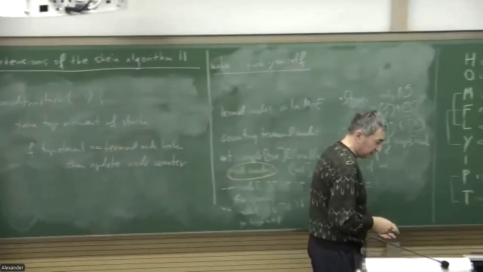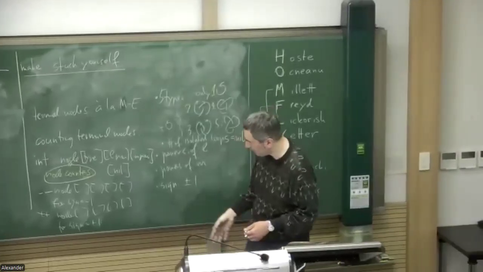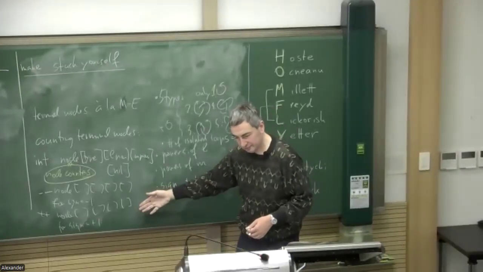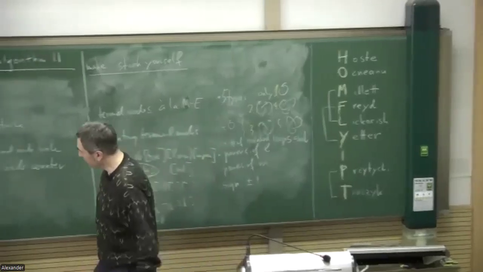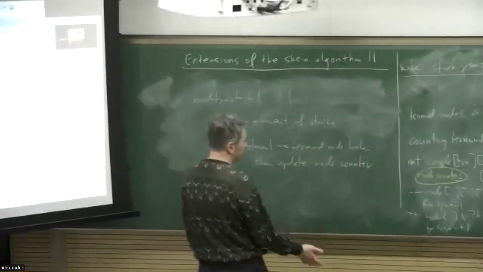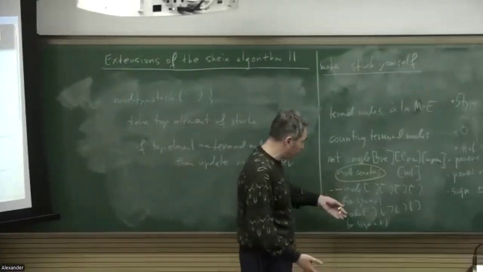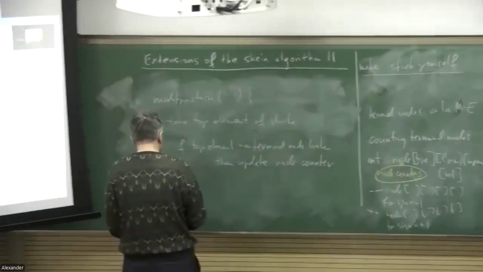This is the reason why I explained what the update node counter procedure means. Whenever you encounter on the stack something that you can count as a terminal node, you simply update the node count.